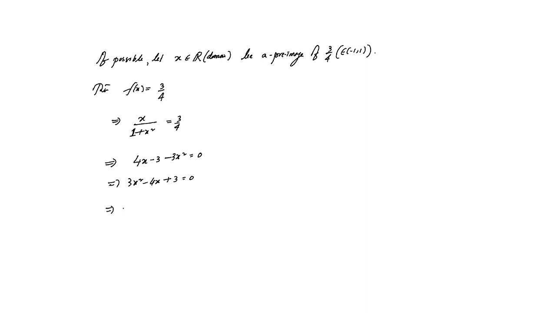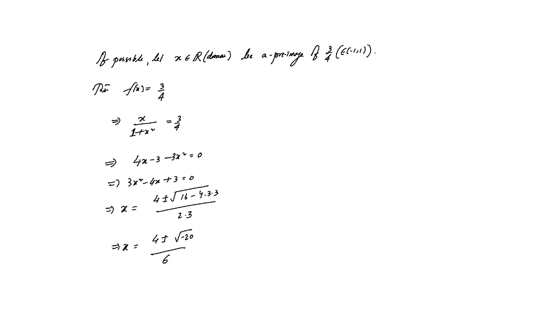Now what will be the roots of the equation? x = (-b ± √(b² - 4ac))/2a. That means x is basically (4 ± √(16 - 36))/6, so (4 ± √-20)/6.